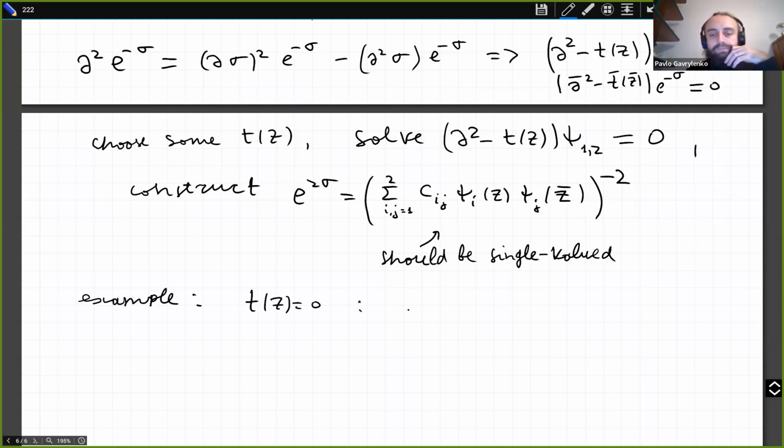Then psi 1, 2 equal 1 and z, and e to the sigma can be either, so we can construct different combinations: 1 over the imaginary part of z.